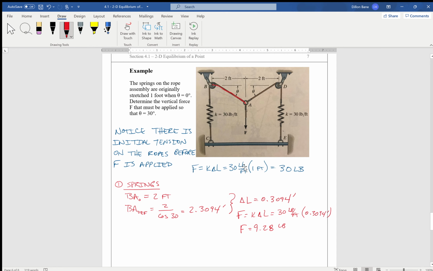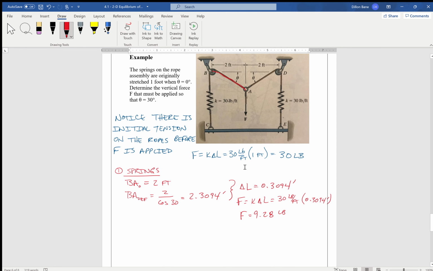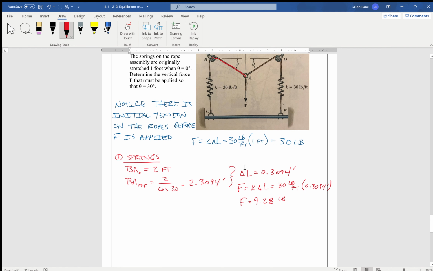But there was already initial force. So we find that the force in AB is also, it's all symmetric, right? Left and right. So we'll say FAB is equal to FAD, 30 plus 9.28, so 39.28 pounds.